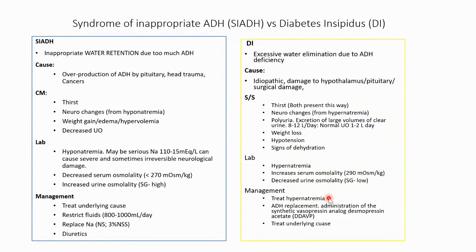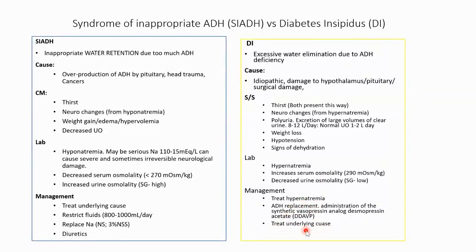Management, we want to treat the hypernatremia, so monitor sodium, watch for neuro symptoms, treat the hypernatremia, give antidiuretic replacement, administration of a synthetic vasopressin analog, desmopressin acetate, which you may know as DDAVP, which is a synthetic antidiuretic hormone, so we can get their pituitary working again, and that's the treatment of choice, important to know.